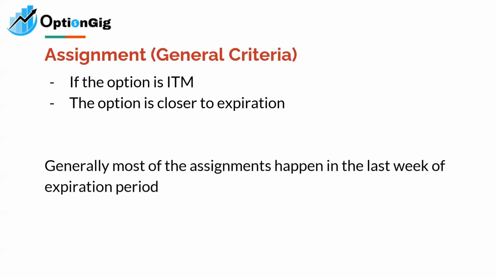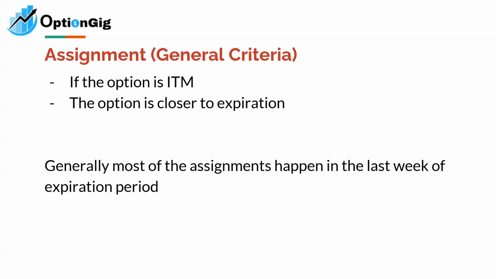So if the option is ITM and the option is getting closer to expiration, but there are exceptions. Generally, most of the assignments will happen in the last week of the expiration period. That is why I start to roll it out, because I don't want to take assignment. I never had an intent of holding that stock, and the stock has fallen.